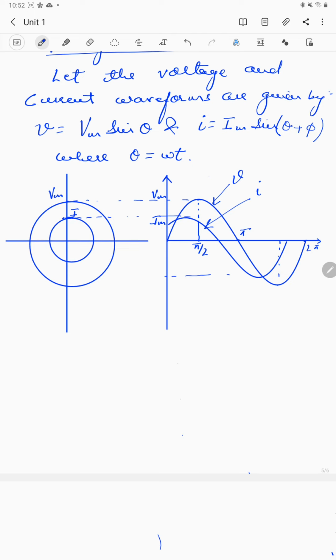And this must be the negative maximum value of the current. Actually there is some mismatch here, but you should draw it correctly. This is going to match this point. So these are the voltage and current waveforms, and this is a circle.